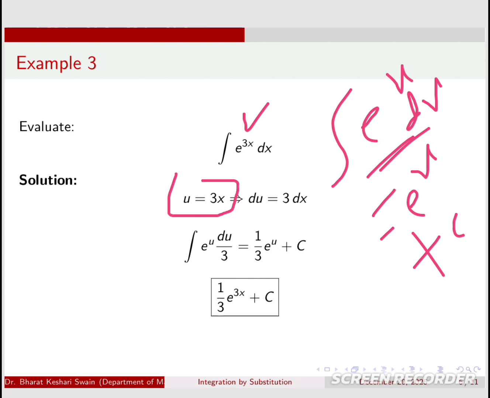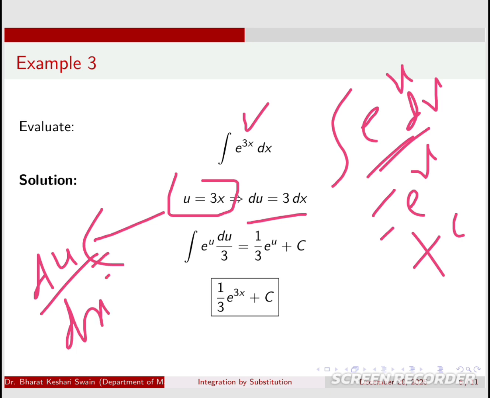Okay, so if I put u equal to 3x, then what will be du? du will be 3dx, because if we differentiate, on the left-hand side it will be du by dx, and that is equal to the derivative of 3x, which means only 3, and if you cross multiply, then du equal to 3dx.